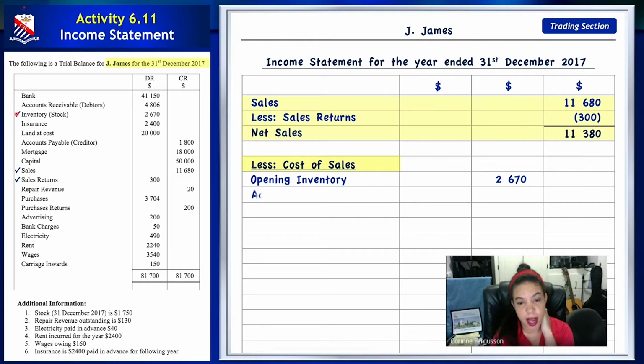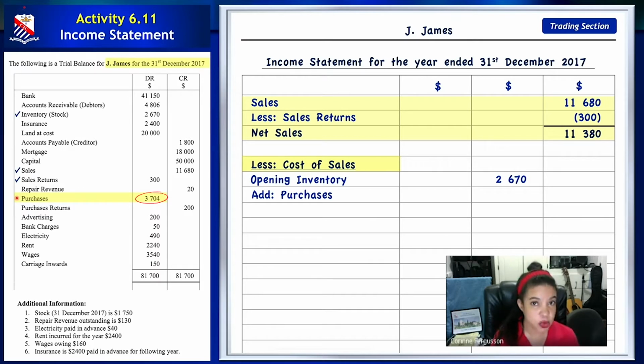and the next thing is to add your purchases. Now, which column would your purchases go in when you find it? So you can see, you go in your trial balance and you see that we have our purchases there. We have already found our purchases. Which column are we going to put the $3,704 in? That depends on whether we have any adjustments to do to purchases.